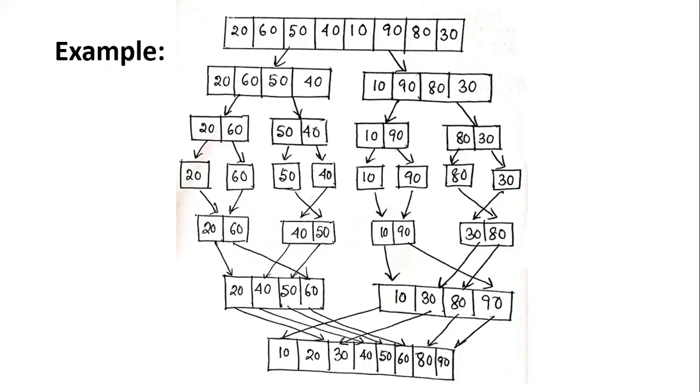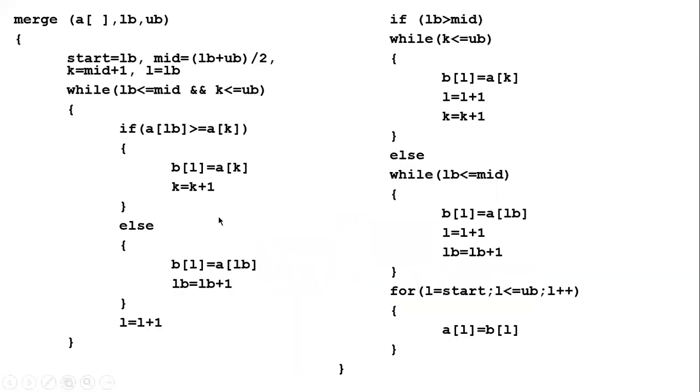So basically in our algorithm, start is keeping the track of lower bound. Mid is the mid place value, which is lower bound plus upper bound by 2. K is the index of the second sublist. So K will be increased up to upper bound.